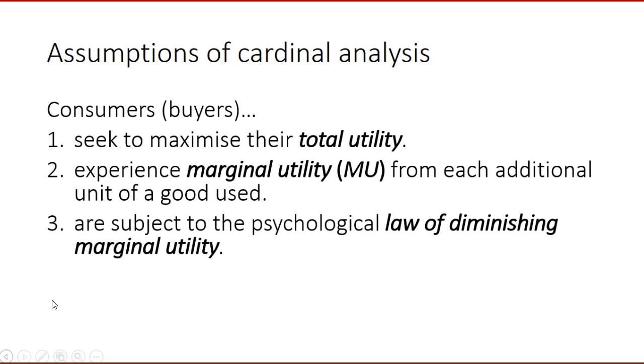Third, we assume that the consumers are subject to the psychological law of diminishing marginal utility. This means that for each additional unit or small increment of a good that someone consumes, they derive less and less extra happiness from those increments. The first slice of pizza gives you some amount of happiness. That's the marginal utility. The second slice gives you less happiness or satisfaction than the first slice.